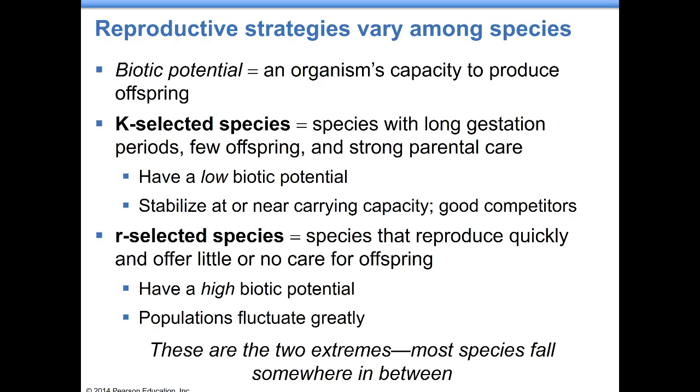So we have some species that are referred to as K-selected species. And a K-selected species is a species that has a considerable amount of energy. They take a long time to gestate and raise their young.